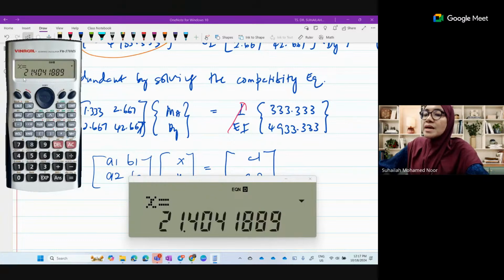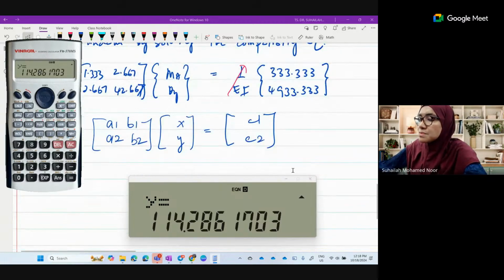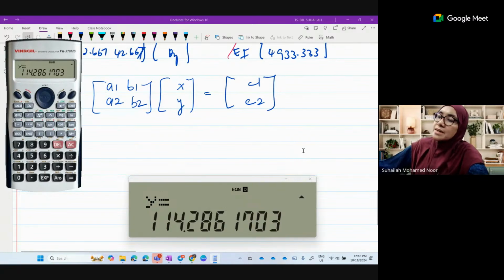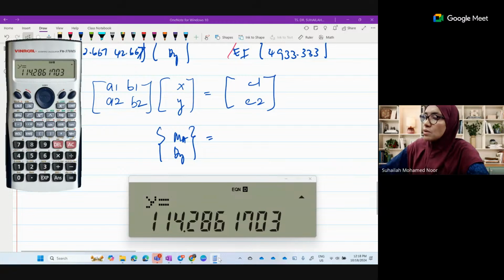Okay, so we get 21.4 and 114.29. Okay. So kita dapat tadi M dengan dy kan. Yang ni 114 ni y kan. So yang ni 114 or 114,286.